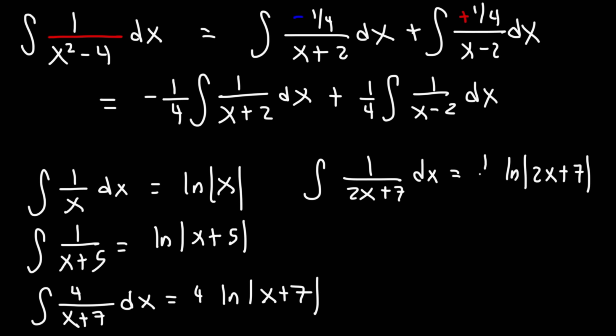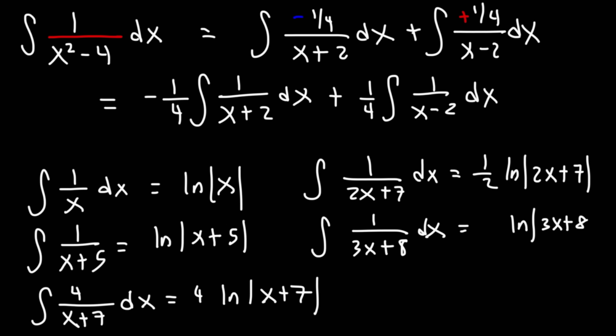It turns out this is going to be 1/2 ln |2x plus 7|. Likewise, if we want to find the antiderivative of 1 over 3x plus 8, this is going to be ln |3x plus 8|, but then divided by the derivative of 3x, which is 3, so 1 over 3. And of course, all of these have plus c, the constant of integration.